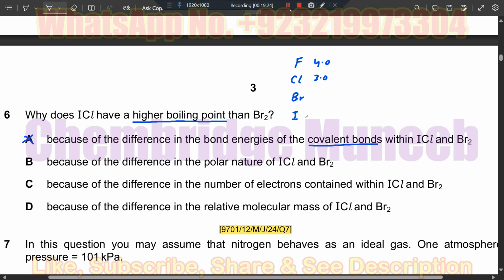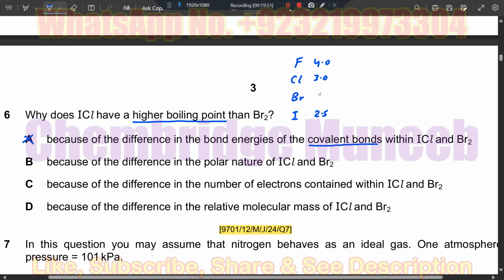You should have some knowledge of the values of these elements. It is better to learn these values. So iodine has 2.5, whereas bromine's value is in between of these two values. I don't clearly say, but it is somewhere in between them.